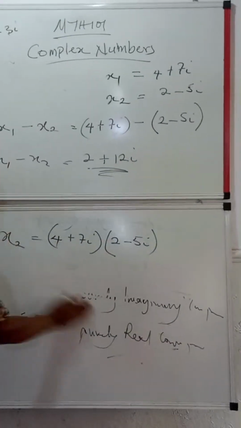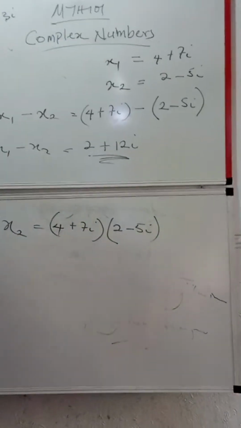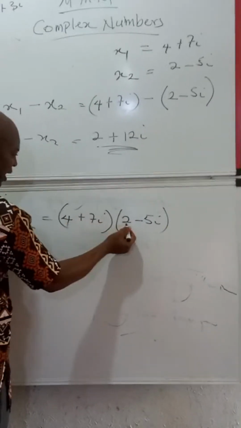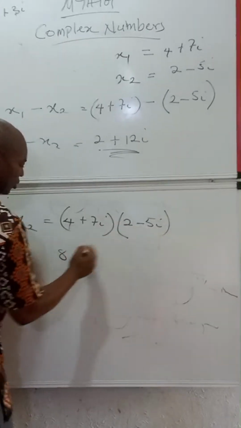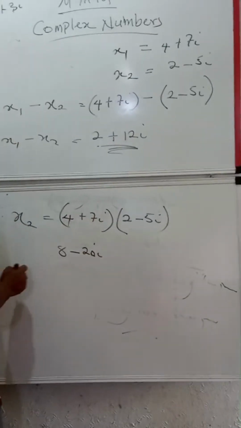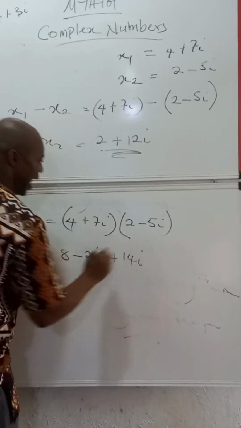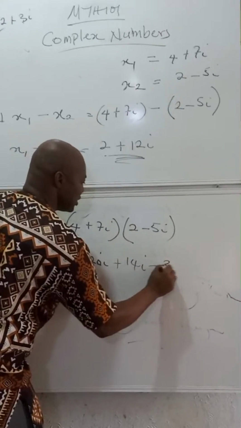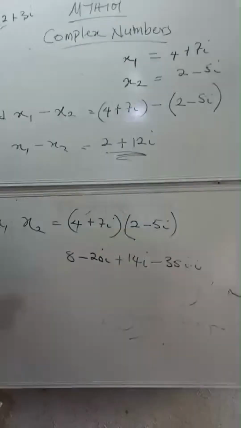Now when you open the brackets, you are going to see that 4 times 2 gives you 8. If this comes here, you are going to have minus 20i. If this comes here, you are going to have plus 14i. And if this comes here, you are going to have minus 35, and there is i here, dot i, which is i squared.